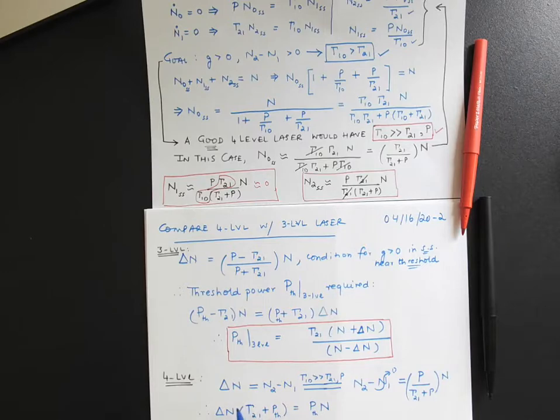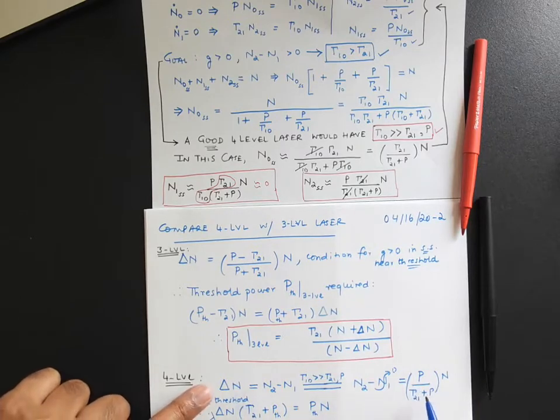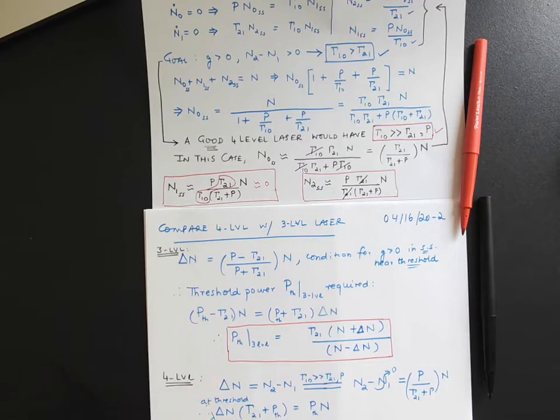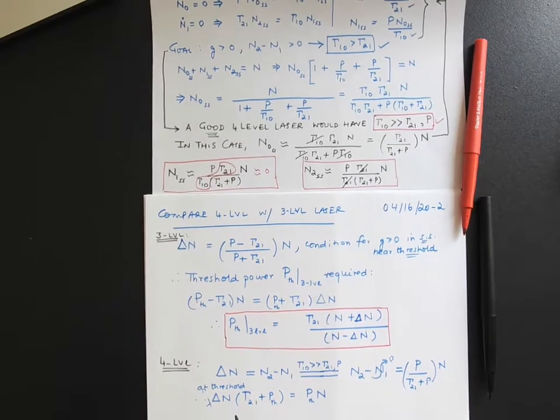Everyone with me here? So therefore at threshold, it's an equality, I mean that the delta n is equal to 0. And so what does this tell me?